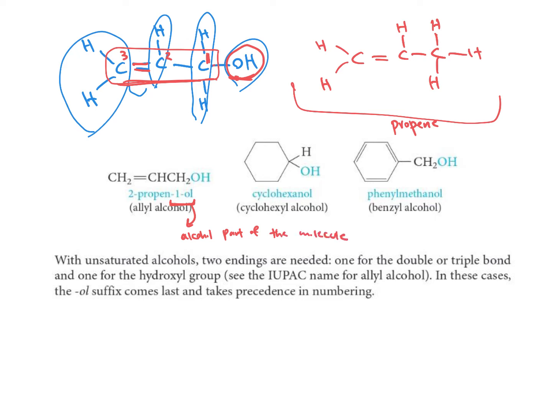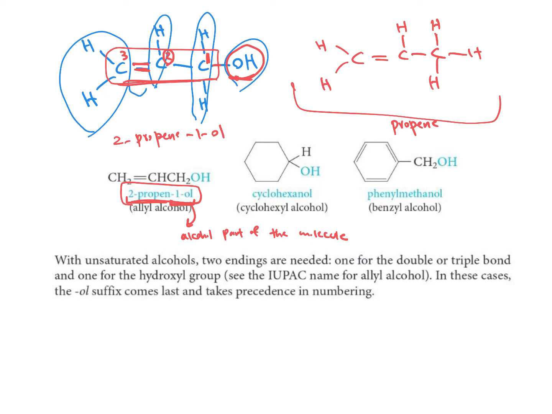So carbon number 1 is attached to an OH. And here, what is the number of the carbon that the double bond is attached to? 2, right? So we call that 2-propen-1-ol. Okay? I also searched for the name of this compound, and in some versions we can also keep the E, so write it 2-propene-1-ol, but this is the more conventional one.